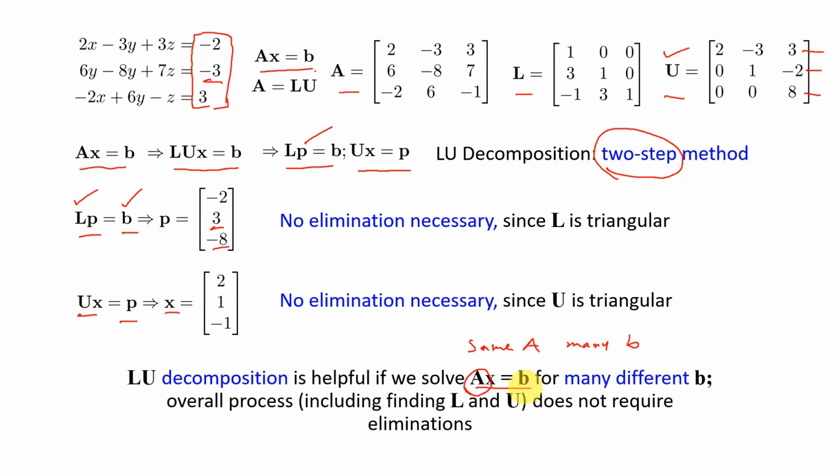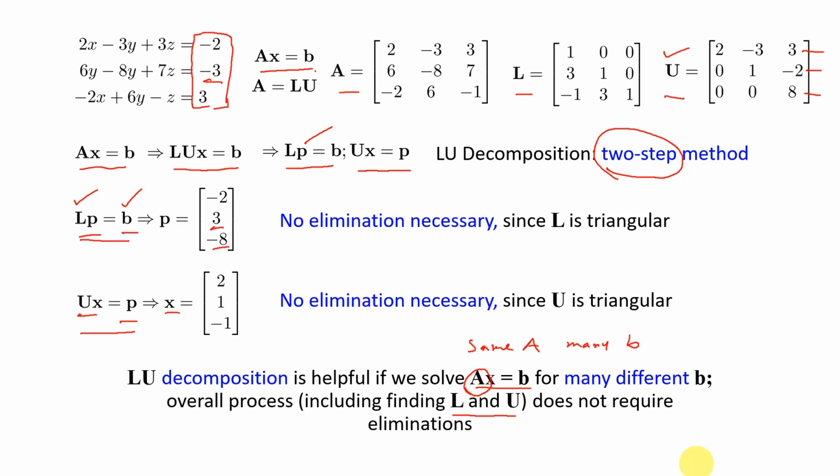In such a case, if you know the L and U of A, to find L and U of A, you have to do some work. But since you will solve for the same A and different B's, you take your time and effort to find the L and U of A, and once you do that, you can solve this way, with Lp equals B and Ux equals P, in this two-step method very easily.